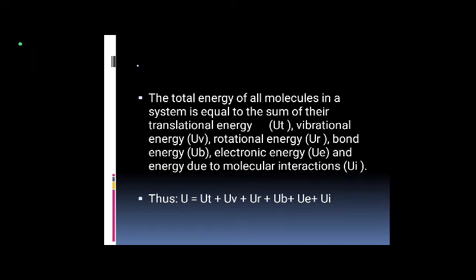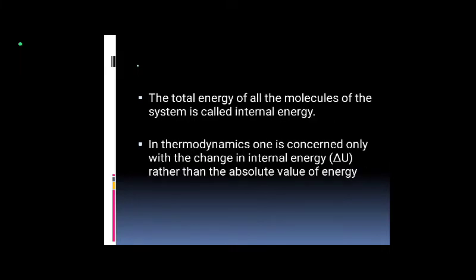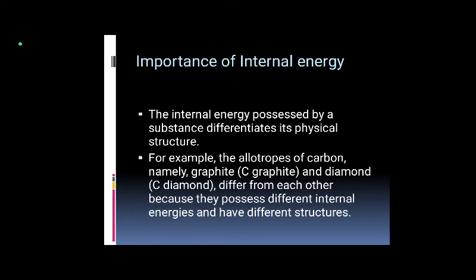So thus U, the total internal energy, is equal to translational, vibrational, rotational, bond energy, electronic energy, and molecular interactions. Then the total energy of all the molecules of the system is called internal energy. In thermodynamics, one is concerned only with the change in internal energy. So any change we write as delta. Change in internal energy, delta U, rather than the absolute values of energy.